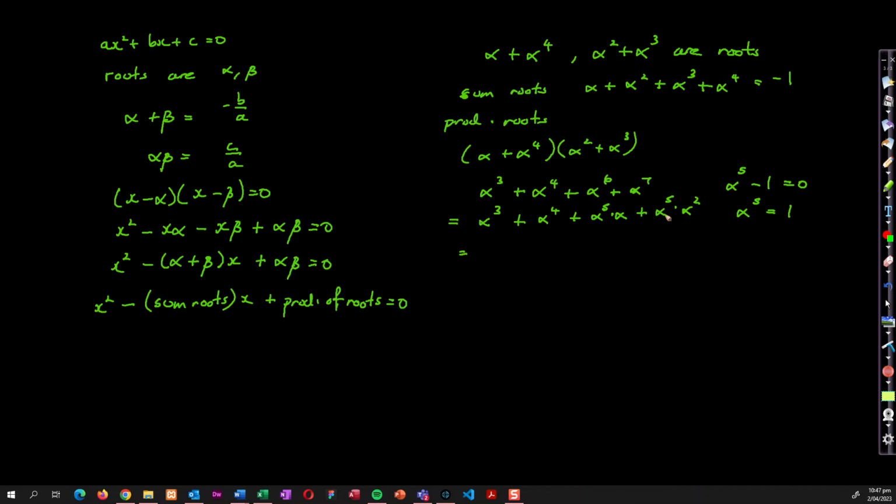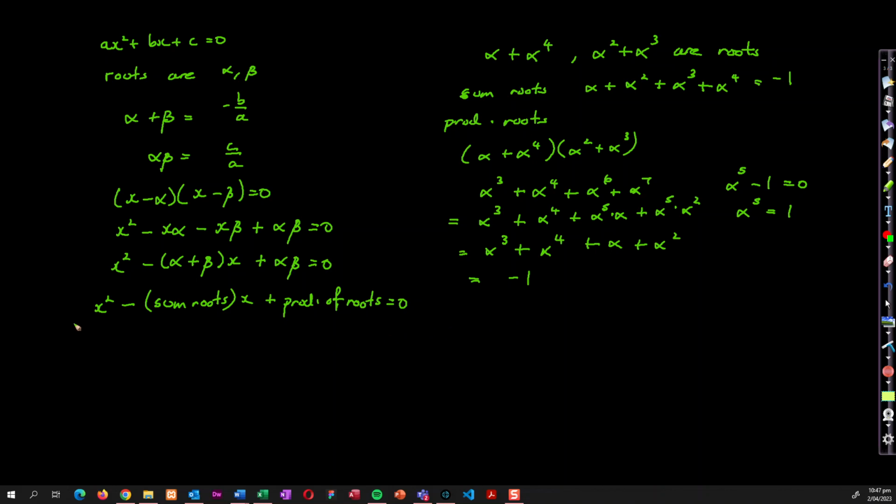And remember, alpha to the power of 5 is equal to 1, so this simplifies to alpha cubed plus alpha to the power of 4 plus alpha plus alpha squared. And once again, you've got that same sum of these powers of alpha, and this is also equal to -1.